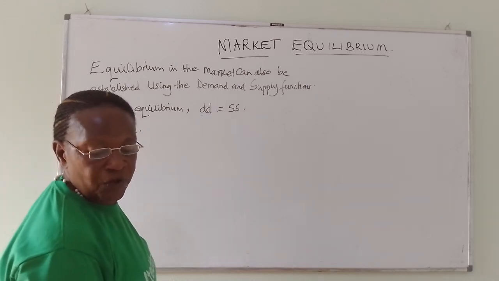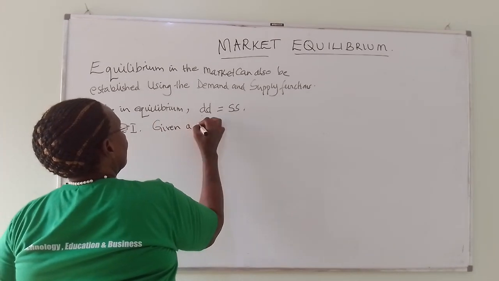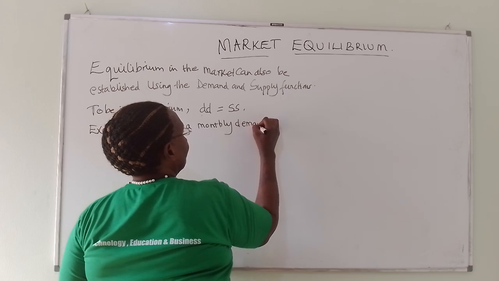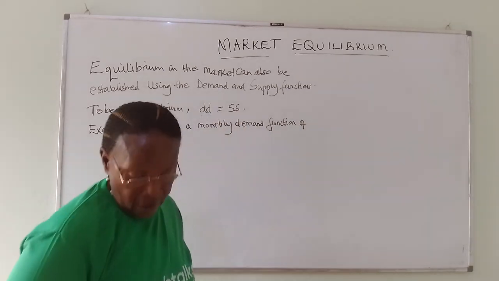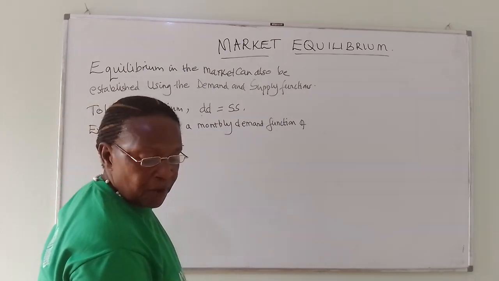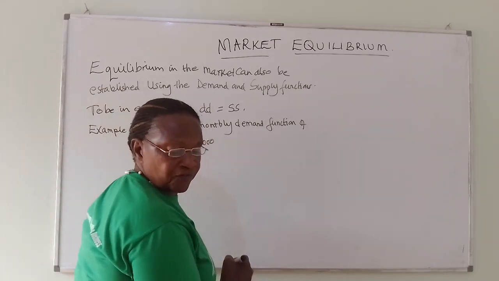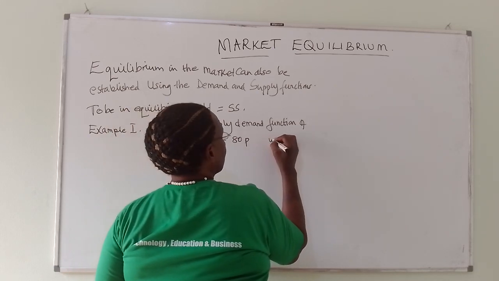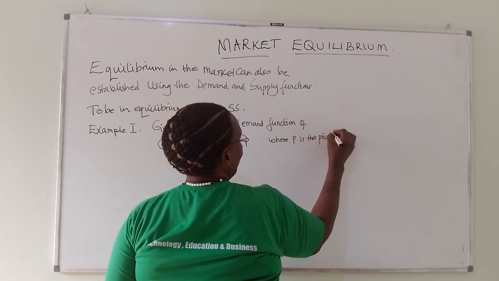Given a monthly demand function, they are giving us the quantity demanded for that month as 10,000 minus 80p, where p is the price of the commodity.